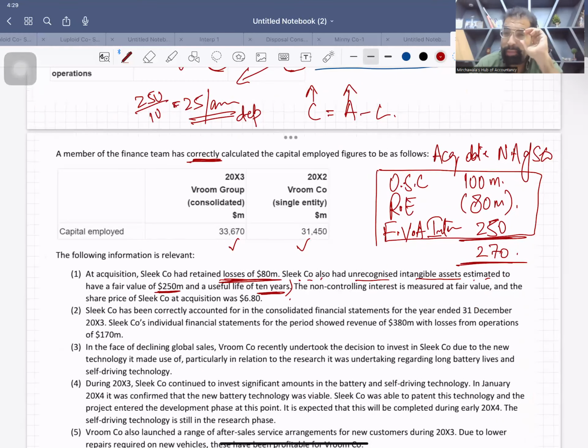One more thing, my dear respected students. They will ask you goodwill, so they will give you the fair value of NCI, because in the full goodwill method, we must have the fair value of NCI.